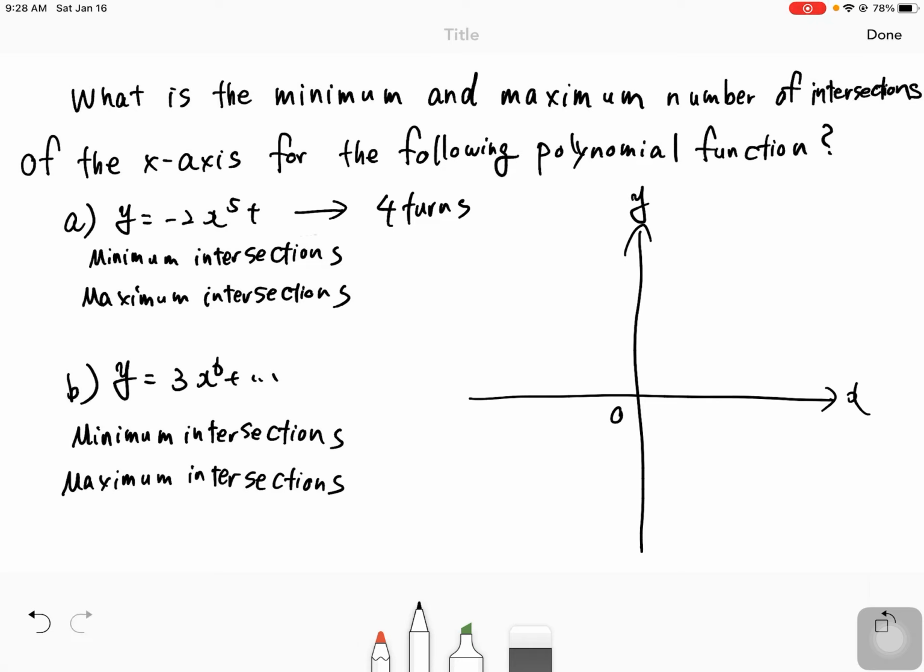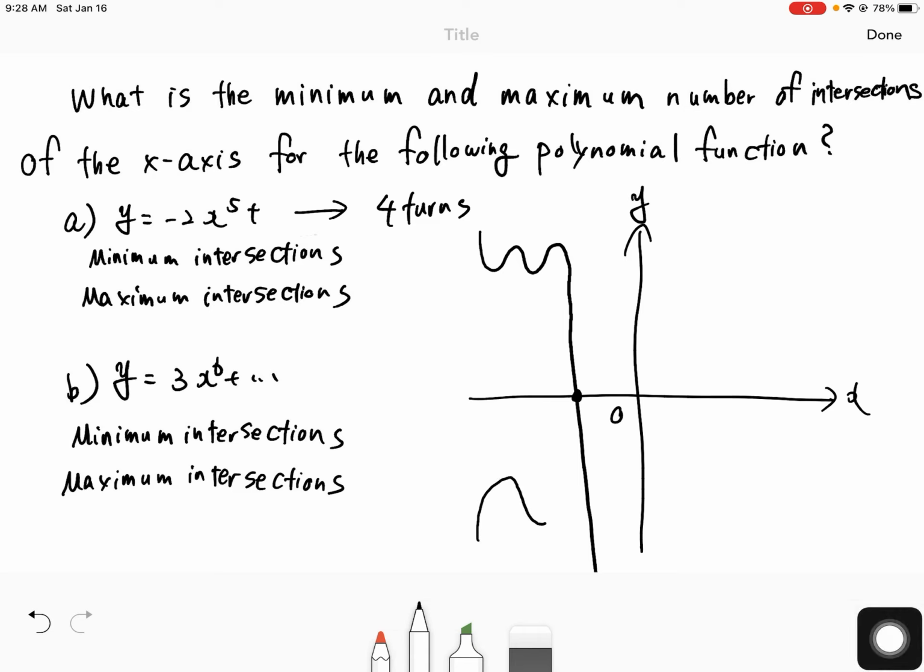So let's find the minimum intersections first. Like I sketched, if the graph starts from the top, 1, 2, 3, 4, at least it needs to have 1 point of intersection. Even if it starts from down, 1, 2, 3, 4, it has at least 1. So the minimum intersections is 1.